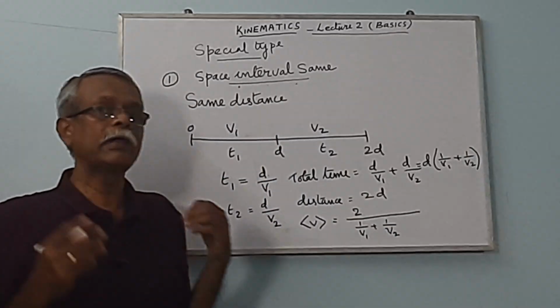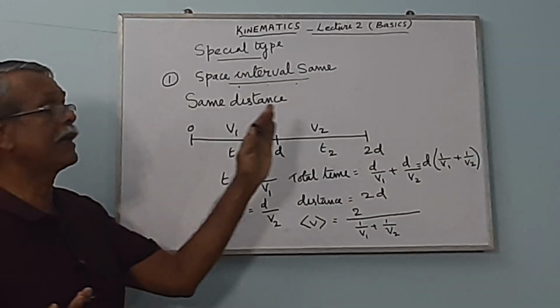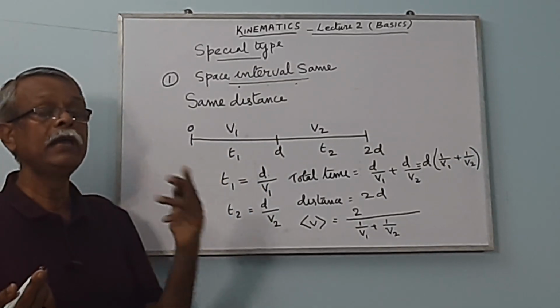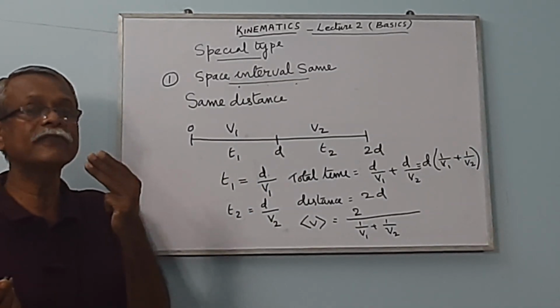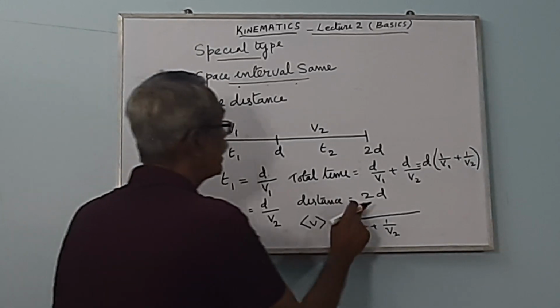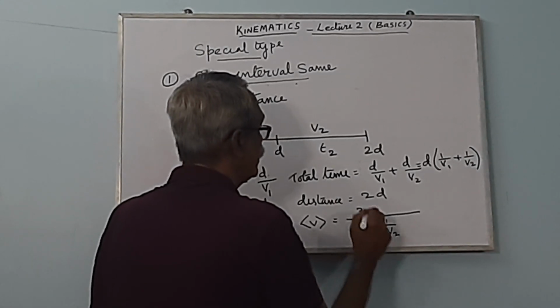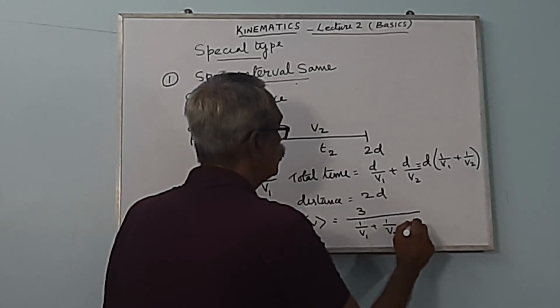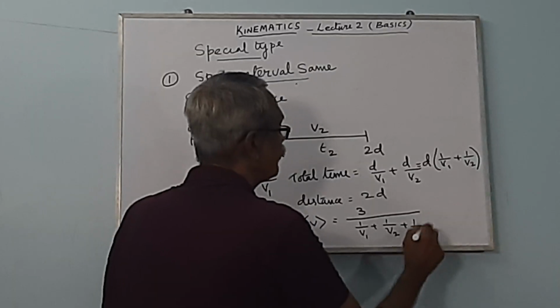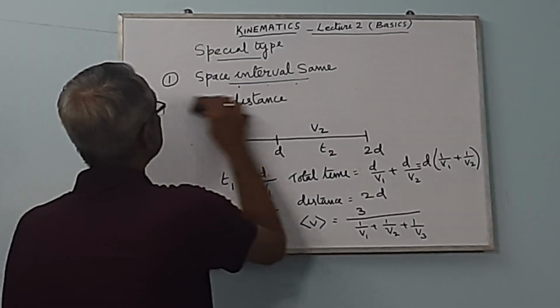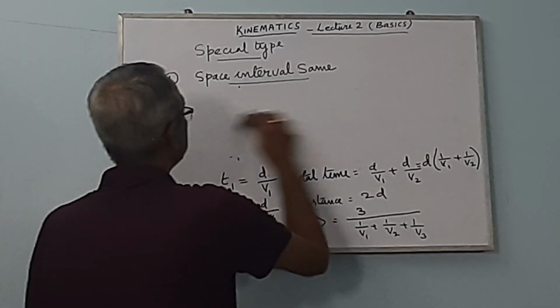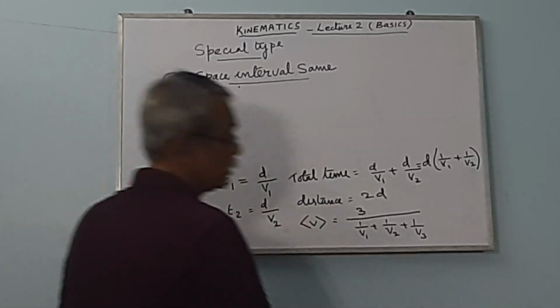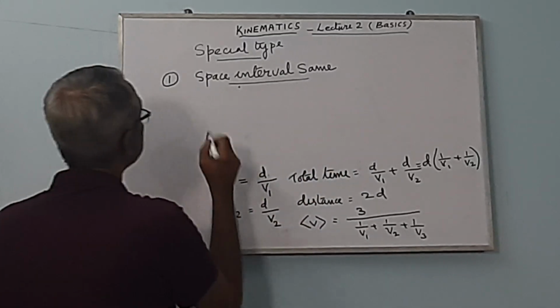As in the previous case, we can generalize this. Let there be 3 equal space intervals. Then this will be 3 divided by 1 by v1 plus 1 by v2 plus 1 by v3. If there are n space intervals, then we have the average velocity.